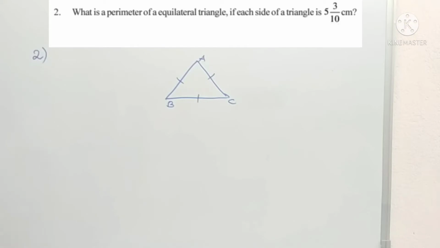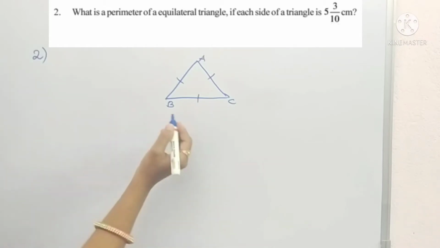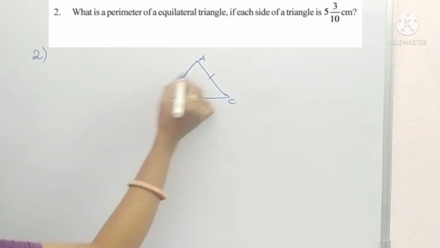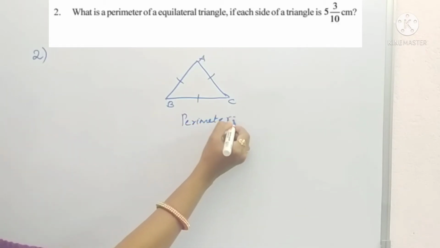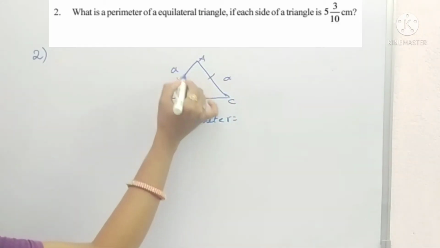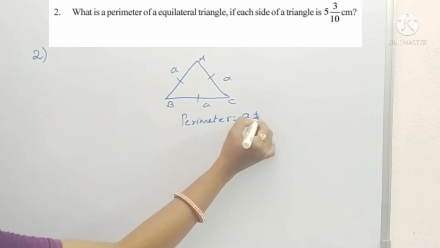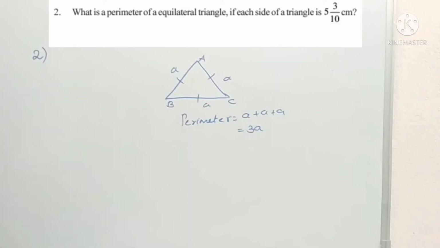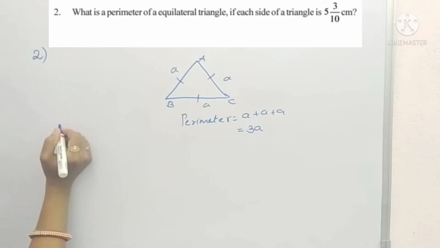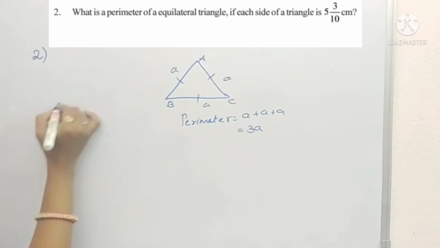So here, what is the perimeter of this triangle? Perimeter means adding all the sides. All the sides are equal now. Let it be A. So A plus A plus A, that is 3A. So we write the steps.